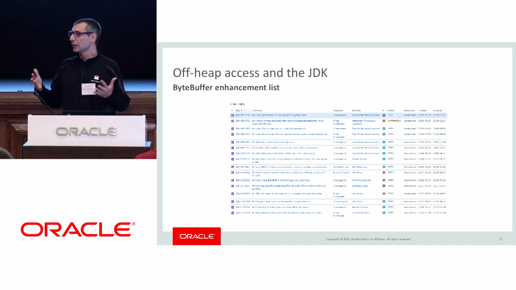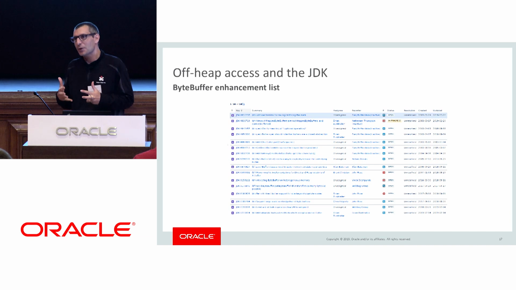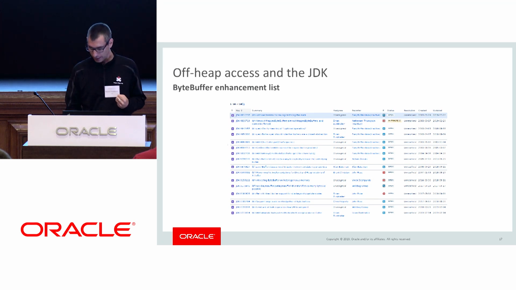It has limitations in the way in which the memory is deallocated, which is very non-deterministic. It's essentially GC driven. Of course, as you can see from this slide, there is a long list of requests for enhancement for the ByteBuffer API. These requests are not really requests for enhancing the ByteBuffer API. They are really trying to ask for a different API to do all this stuff, I think.